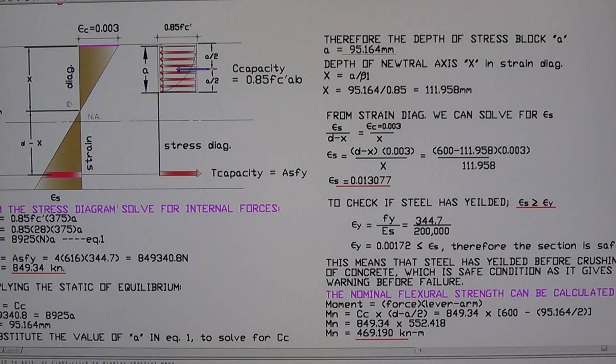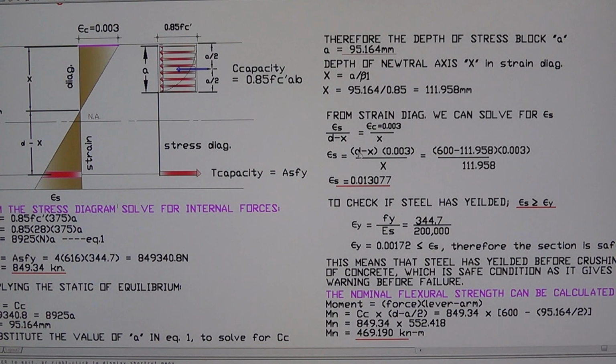In a triangular proportion, ES divided by D minus X equals EC, concrete, over X. Concrete is 0.003. From this equation we can solve for ES, the strain of steel.